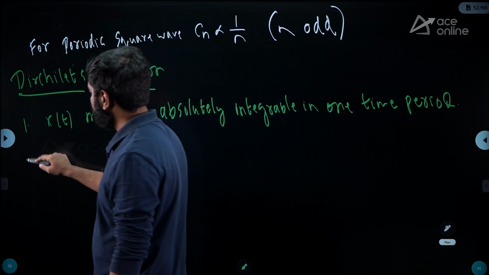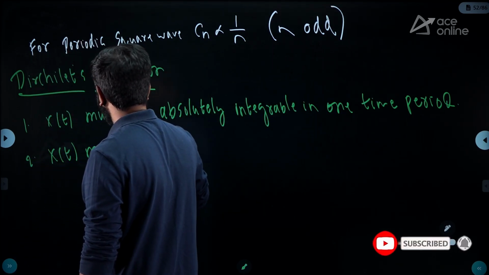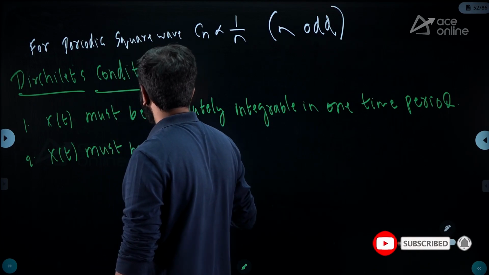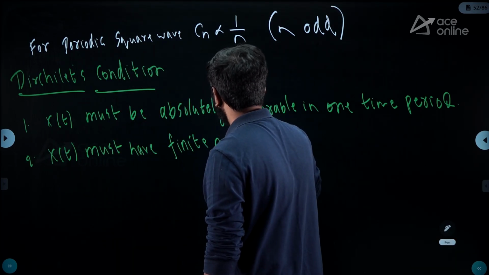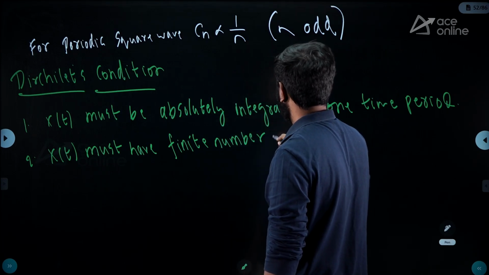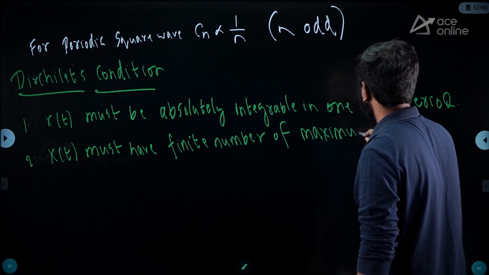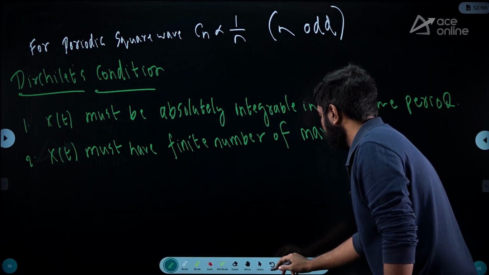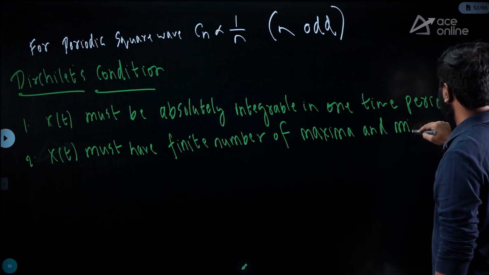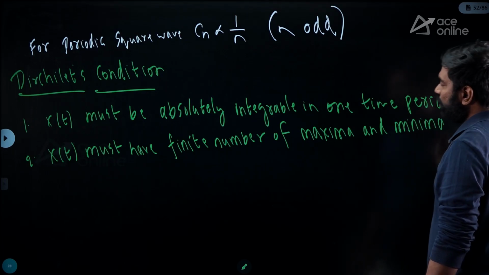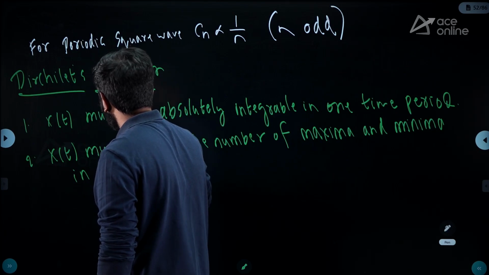The second condition is that x(t) must have a finite number of maxima and minima in one period.